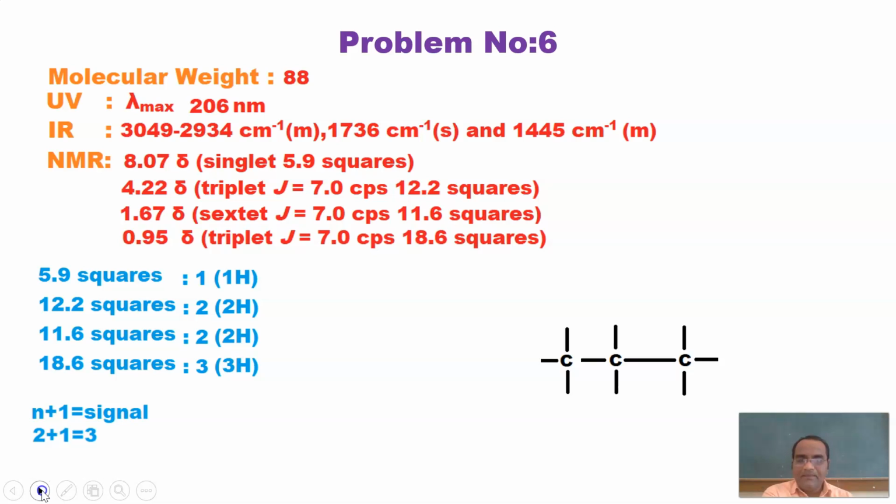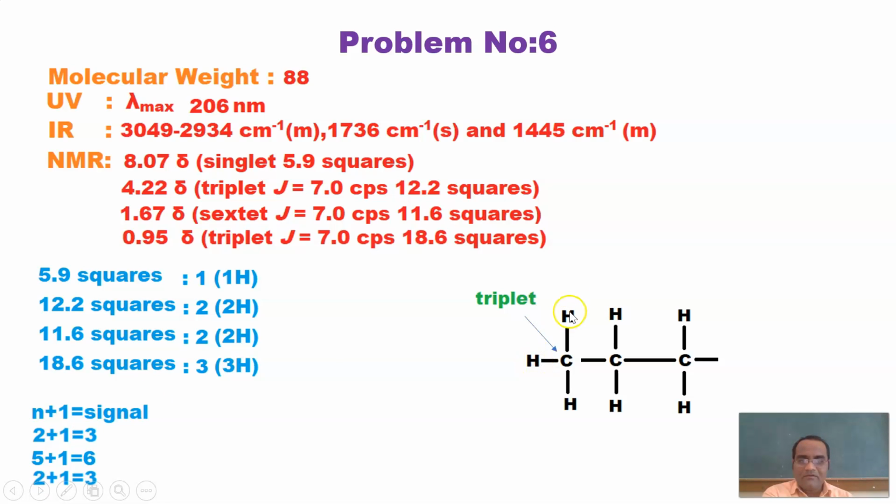So triplet, so adjacent has 2. After that sextet, so sextet means that adjacent should have 5.